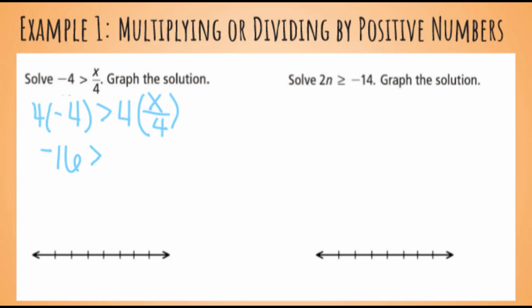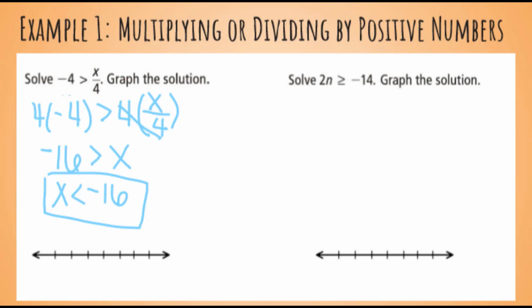Bring down our greater than. The 4's here cancel, so we're left with our x. And then we want to rewrite this so the x is on the left side. So we're going to have x is less than -16. So this is, again, our first answer, solving the inequality.